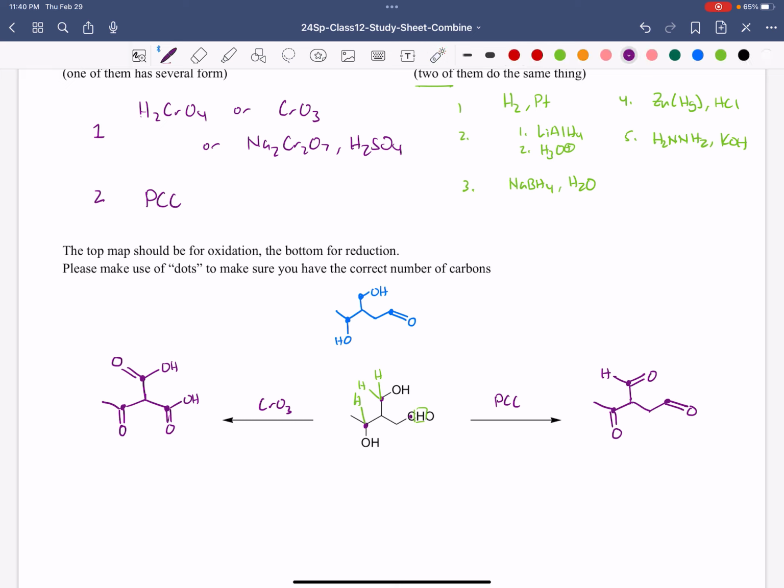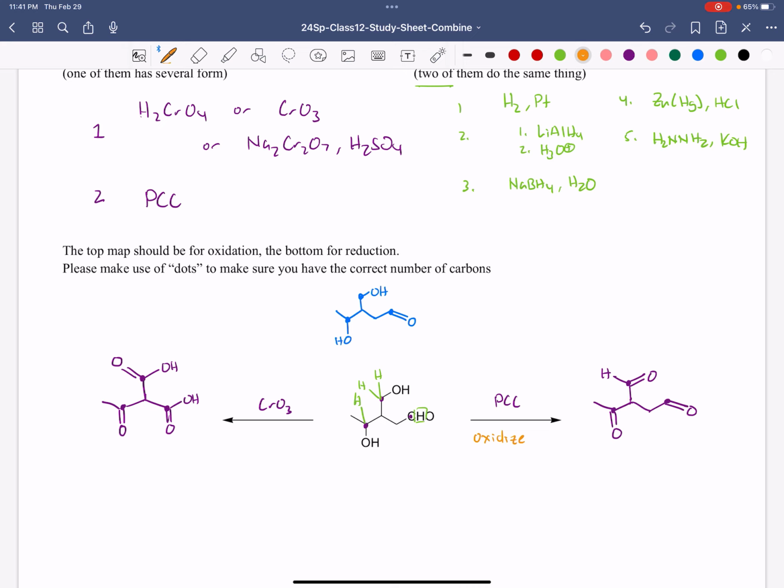Now, some of you, and I think it was a great idea, for each reagent, list it in words, because if you can verbalize what functional groups you're reacting, it's going to be so much easier to recall on the exam, because you'll have that kind of background voice. Oxidize what?